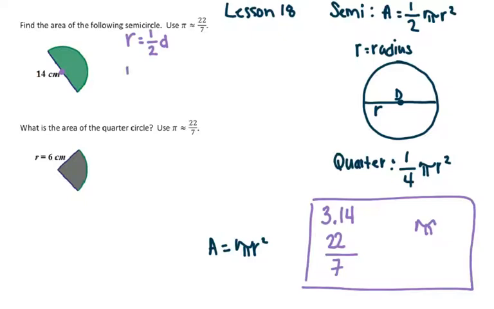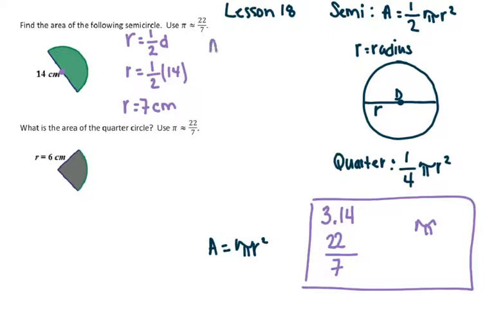So my radius is going to be 1/2 times 14. And if I take half of 14, I know that half of 14 is 7. So my radius is 7 centimeters. Now that I know what my radius is, I can plug 7 into my equation and find my area.